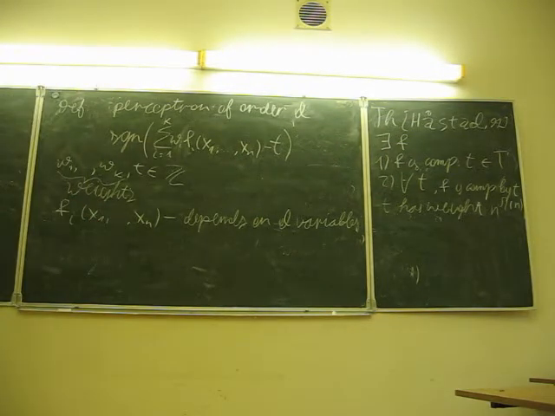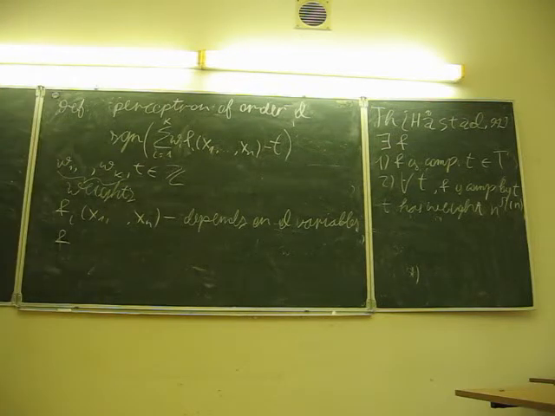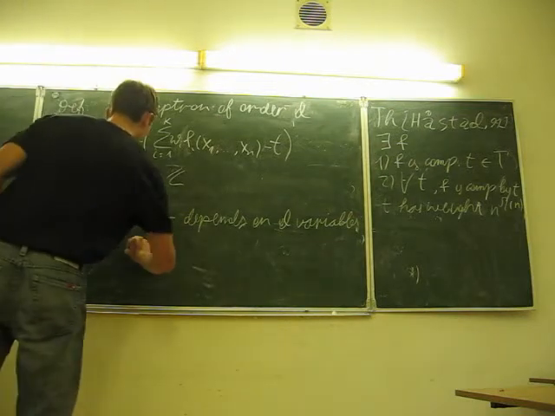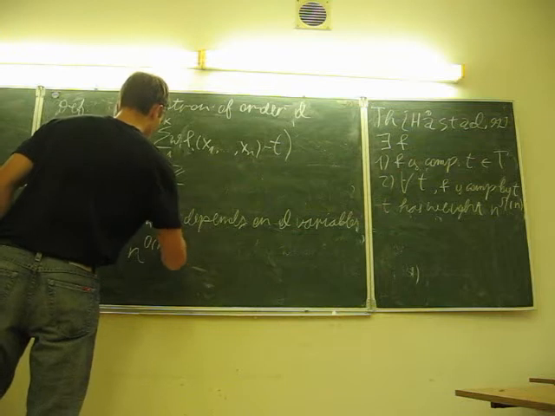So if some function f is computable by a perceptron of order d, then it can be computed by a perceptron of order d with weight n to the power of n to the d.